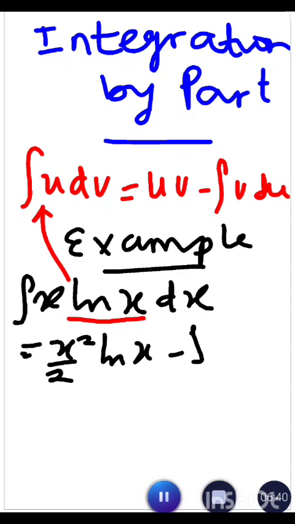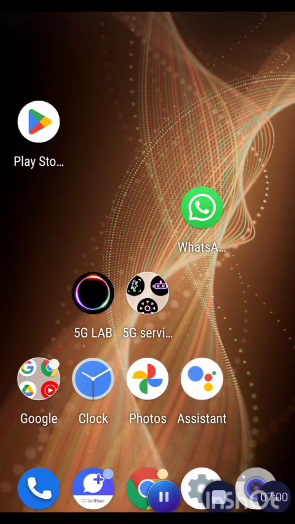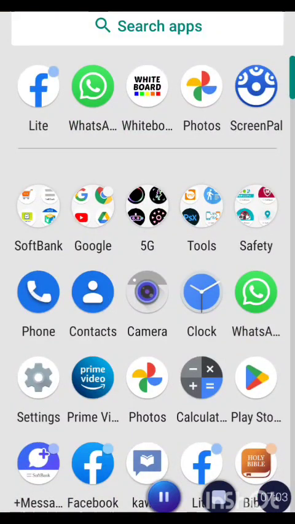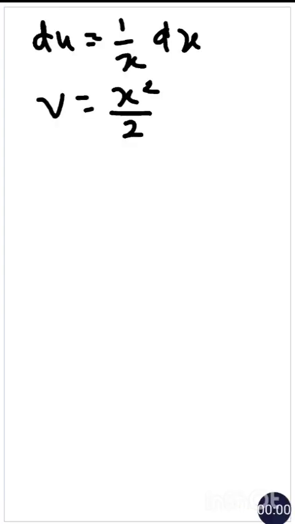Our v is x squared over 2, and our du is 1 over x dx.